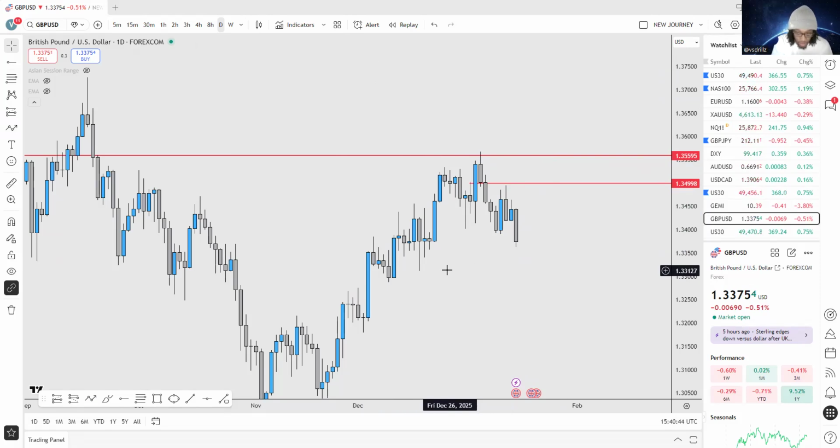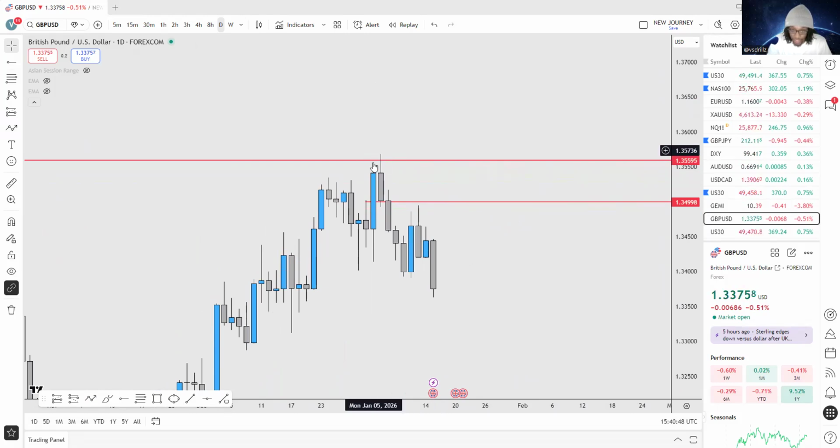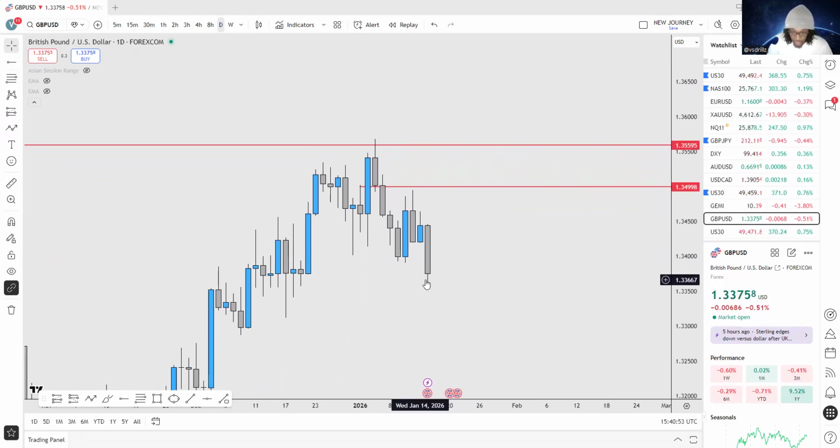What I'm looking for now, being that price has created a high here, and a high here, and now price is holding. There's a difference between holding and rejecting right here. As you can see, this is rejecting because price rejected. This is rejecting because price rejected.